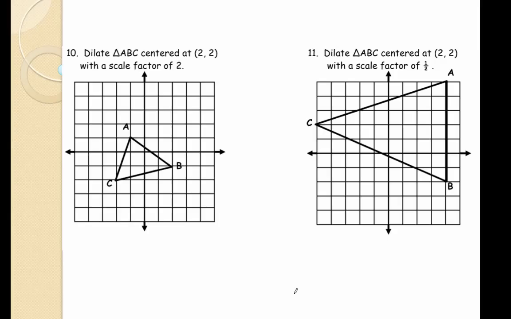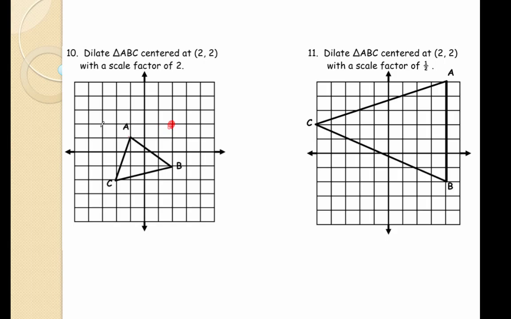This one is slightly different because we're not centered at the origin. So what we need to do is multiply all the distances from the point around which we're centering, which is 2, 2, right there. We need to multiply all the distances. So to get to A, not from the origin like we were doing before, but from here, I would have to go -3 and -1.